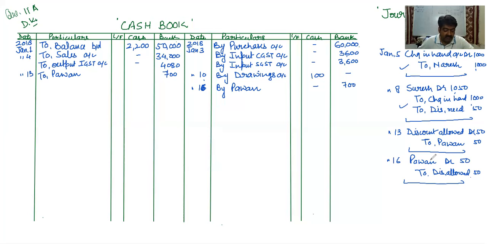Now next point is deposited into bank balance of cash in excess of rupees 250. This is a very good point. So first of all, see what we have to do. First of all, we have to calculate closing balance of cash. Let's see how much cash balance we have.